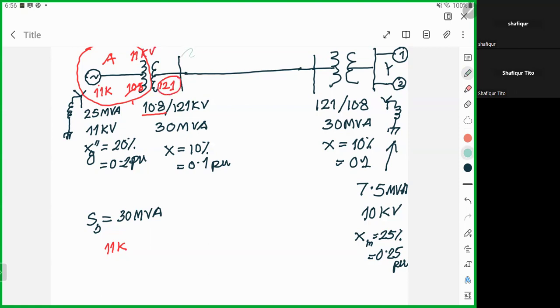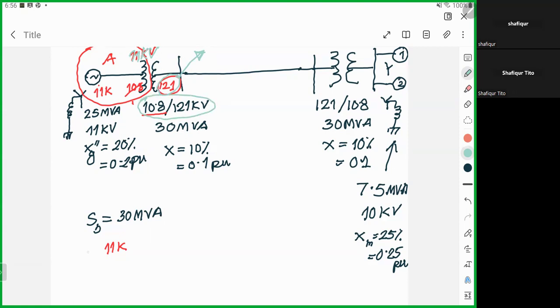That will be different than this one. So this will be 11 kV, and this one has to be modified. We need to do the calculation according to the turn ratio, which we can find out from the primary side and secondary side calculation.